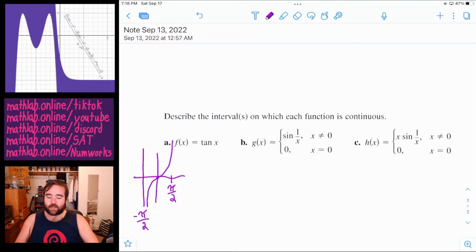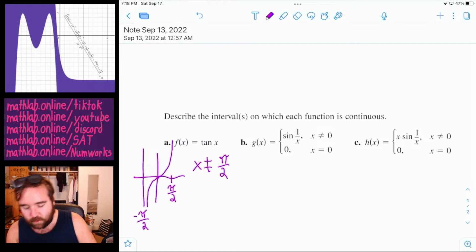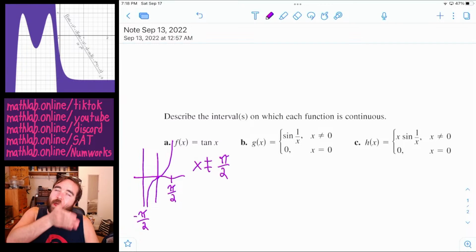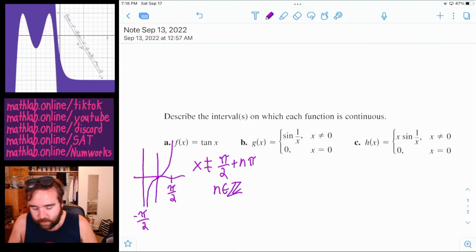So every pi we have an asymptote, but it starts at pi over 2. So let's first write that x is not equal to pi over 2, but then from there, every pi, there's an asymptote. So plus n pi, where n is just an integer.